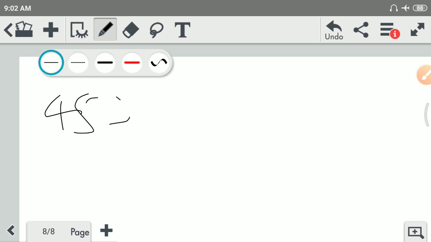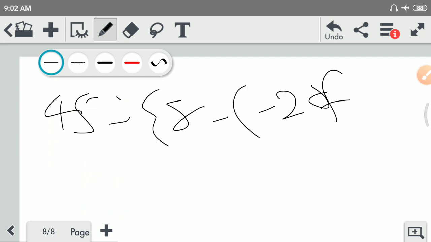45 divided by 8 minus 2 of (5 plus 3). First of all, what do you need to do? You have to concentrate on the bracket. So your bracket is 2 of (5 plus 3).